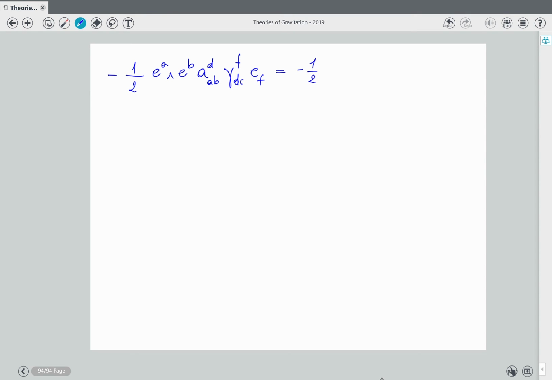Minus 1/2 A mu EB nu dx mu dx nu times A d a b gamma dcf ef.